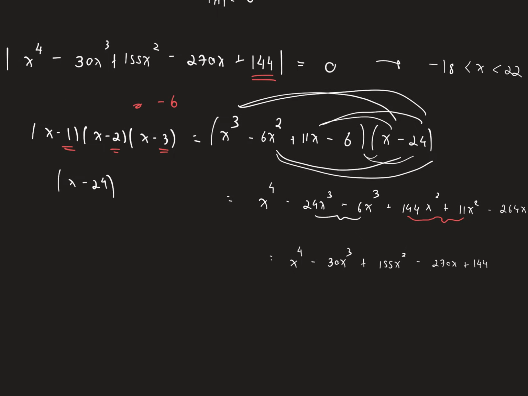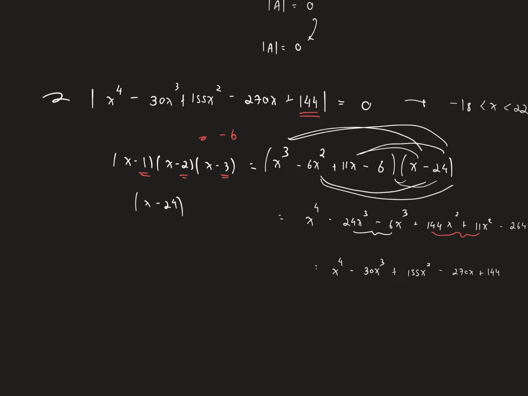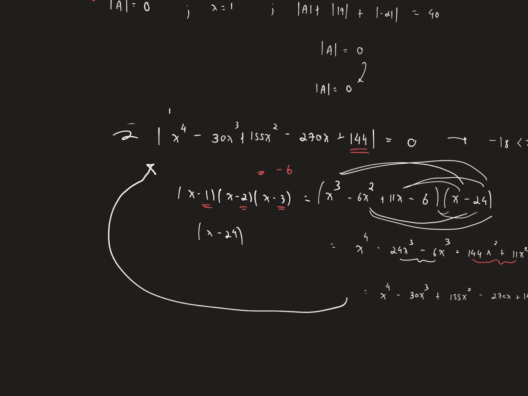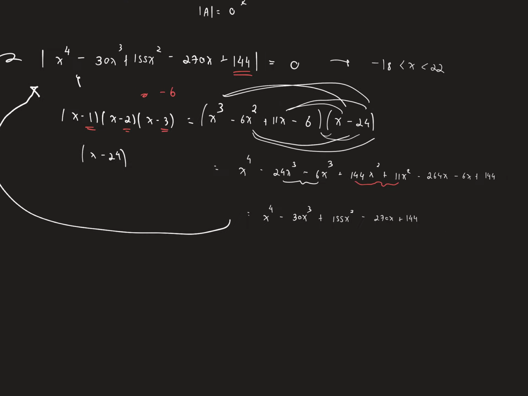So x to the power of 4 minus 30x to the power of 3 plus 155x squared minus 270x plus 144 is indeed equal to this one. So it means that our assumption is correct, in which this one is derived from x minus 1 times x minus 2 times x minus 3 and times x minus 24.